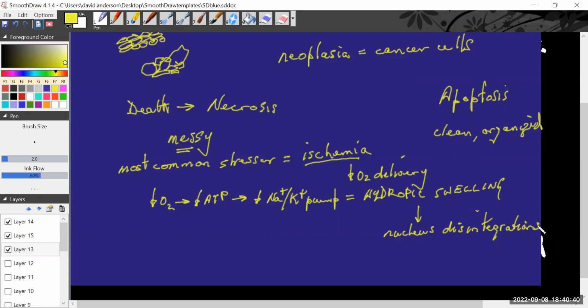So we're going to have abnormal nucleotides and proteins inside the cytoplasm. We get breakdown of other structures within that cell. The membrane is going to break down and the contents of the cell are going to be released to the outside world. The complete destruction of the cell.